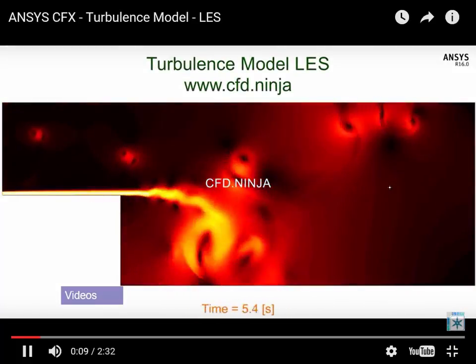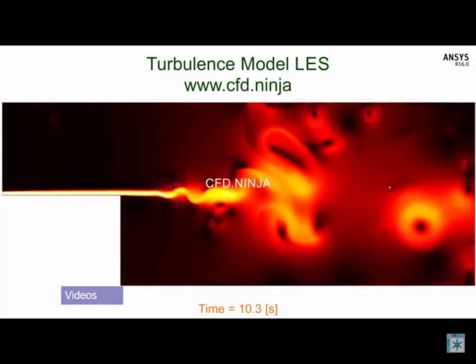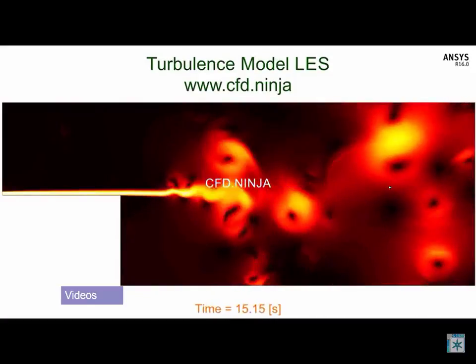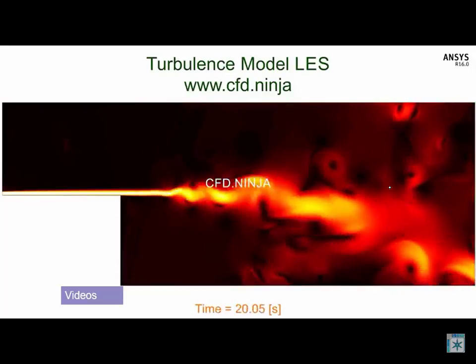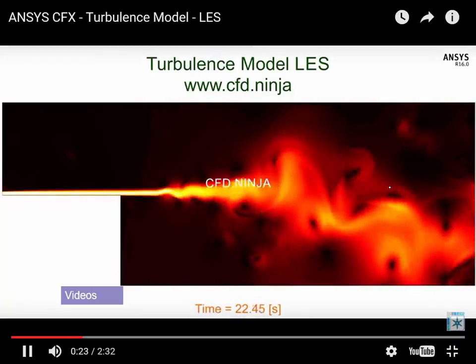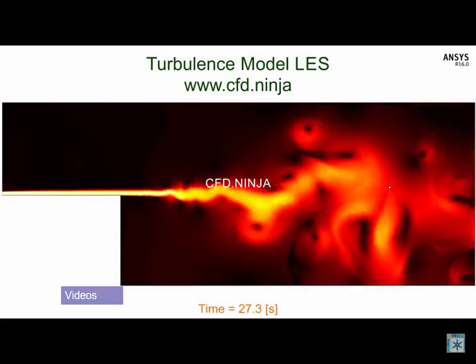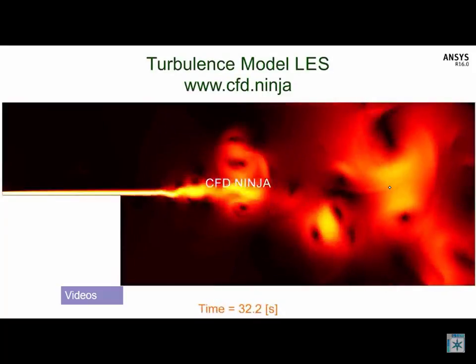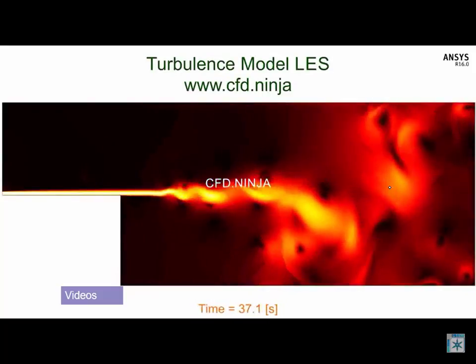So this is flow off this step here, and a tracer is put in the flow, and you can see then these vortices that are forming, swirling around, and they're tight right up here. They swirl around and spread out and are dissipating the energy. Okay, so this is kind of the intermediate scale resolution.